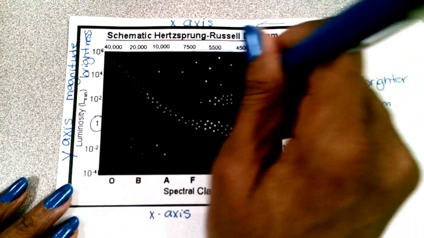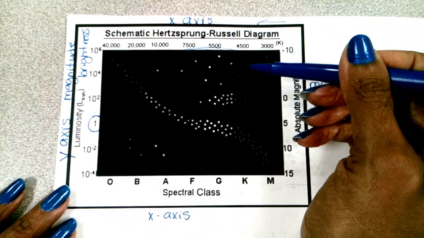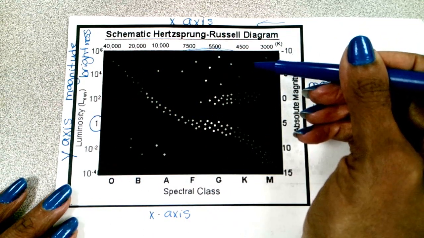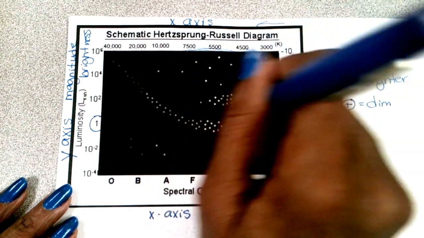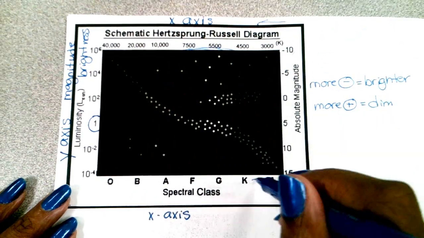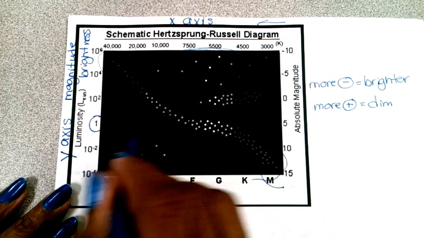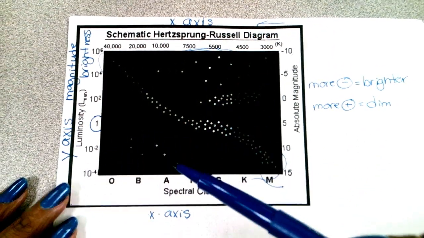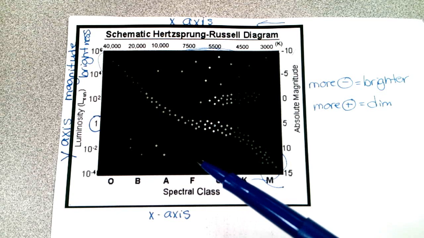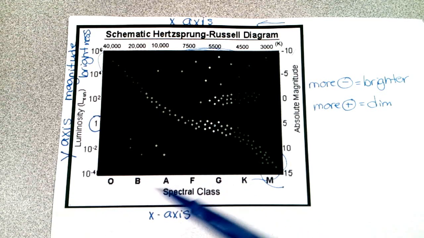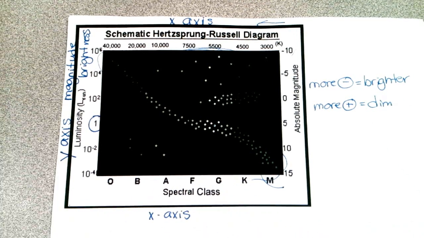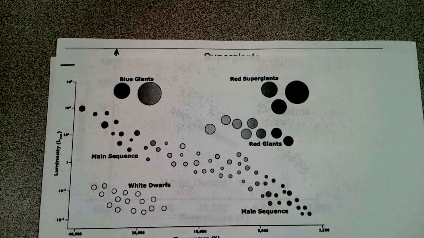So remember, and I'm sorry, this is dark, it's not going to show up. Your supergiants are at the very top because they're bright. Your giants are here. This diagonal area is always your main sequence. And remember, your white dwarfs are down here at the bottom because they're very hot, but they're dim. Okay. All right, let's move on.